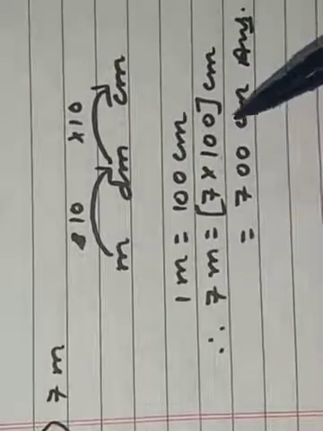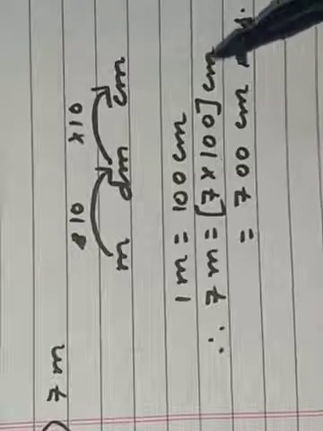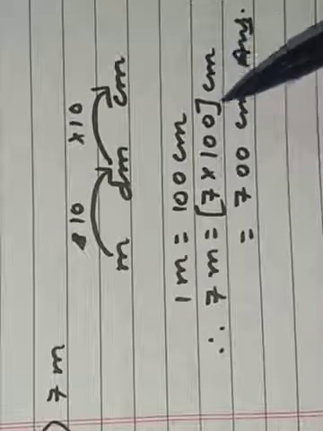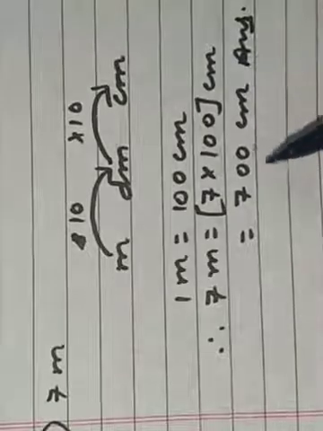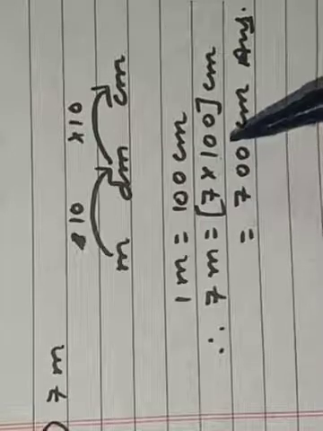Okay. Remember children, here we insert as many zeros to the right of the higher unit as the number of places to get the answer. Understood? Like this you can solve all the questions given in question number 1. Now move to question number 2.